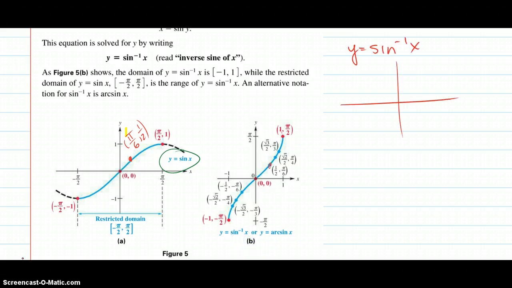So sine inverse of x, they're saying, is going to be restricted from -pi/2 to pi/2. That is the y, which is the angle, when you're talking about the range of sine inverse.